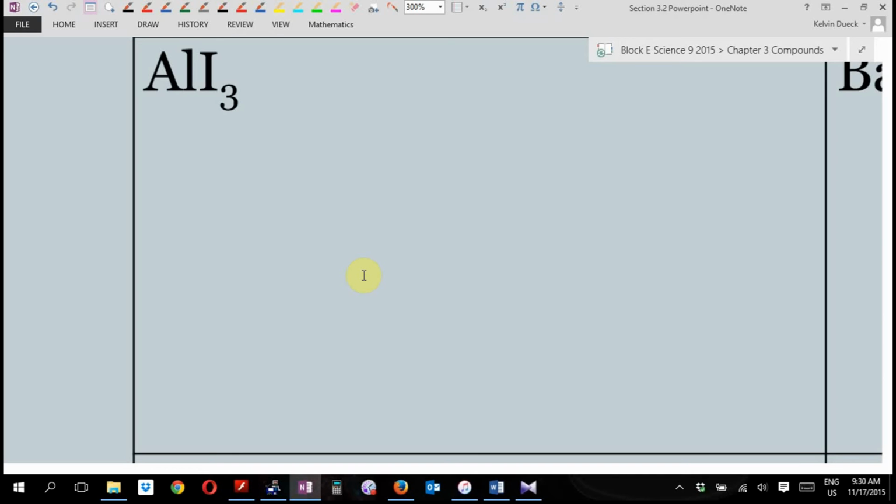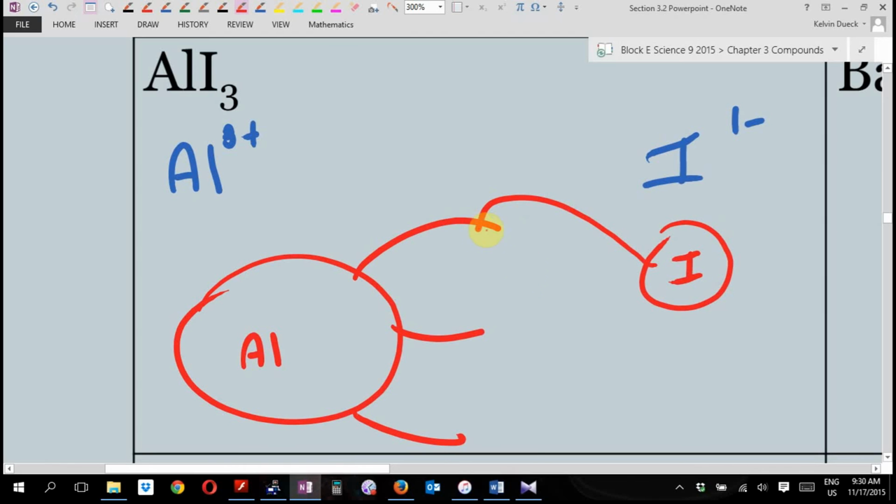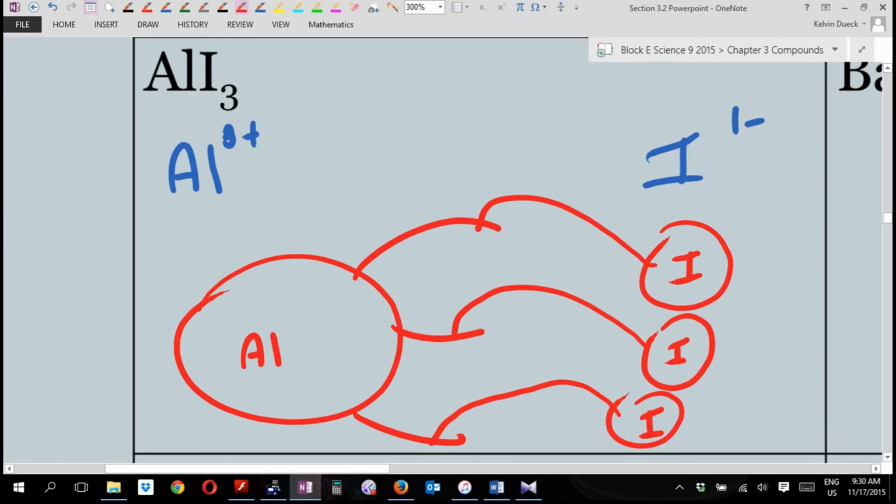If you don't want to write all the charges, if you think you can just go to the sketch and see why it is, you can. That's great. Something like that.